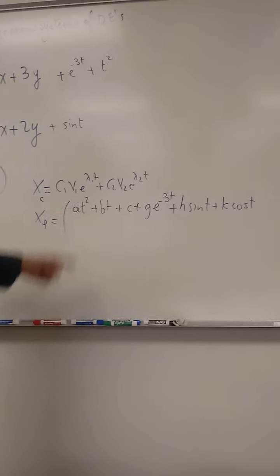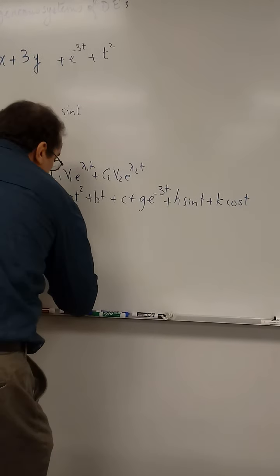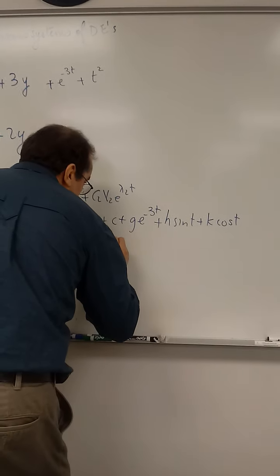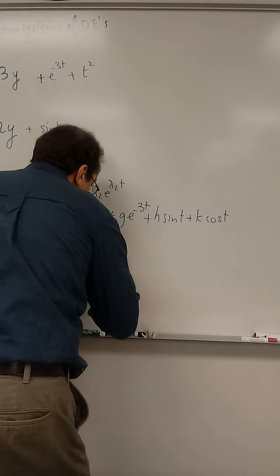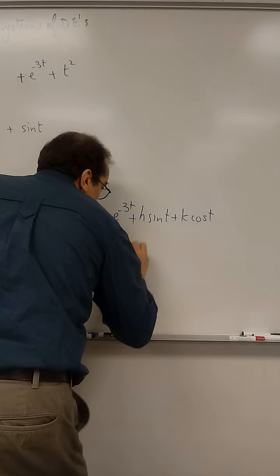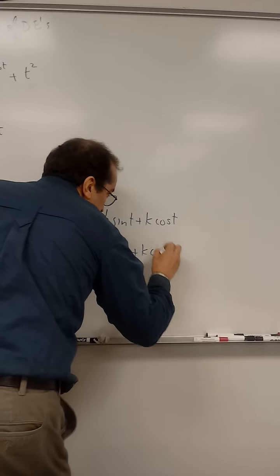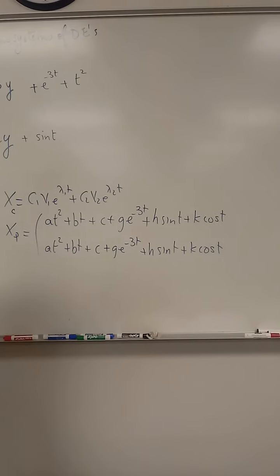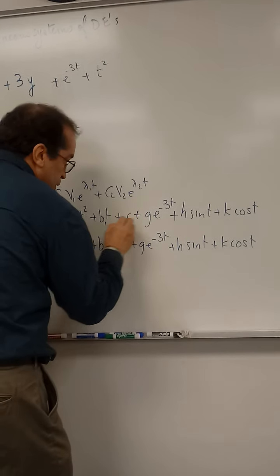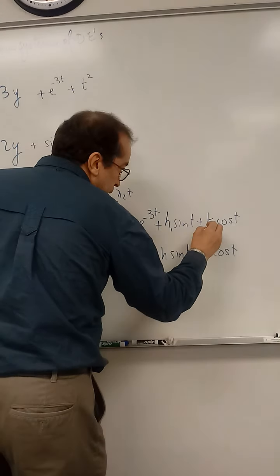And guess what? The good news is you need to do this for both x and y. So we're going to have a t squared plus bt plus c plus g e to the minus 3t plus h sine t plus k cos t. These constants don't have to be the same, so for the constants in the upper line, we'll use subscripts: a1, b1, c1, g1, h1, k1.